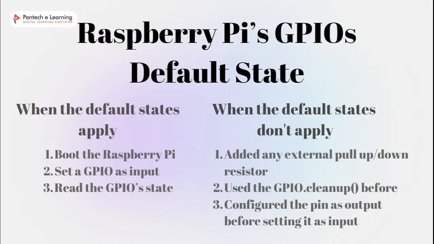It doesn't apply if you added any external pull up or pull down resistor, if you used the GPIO cleanup function, or if you configured the pin as output before setting it as an input. If you have done any of these things, you will have to reboot your Raspberry Pi in order to get the default state again.